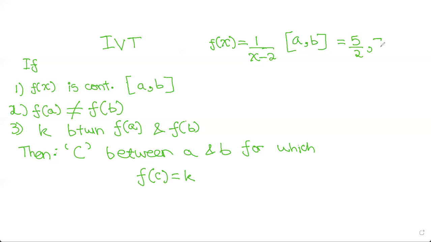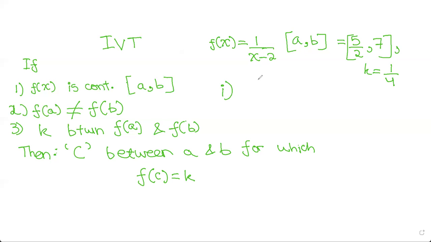I'm just writing down the question, and then k equals 1 by 4. So they've given all this. Our question is to find if IVT holds for k. So we have to prove if the intermediate value theorem holds for this.